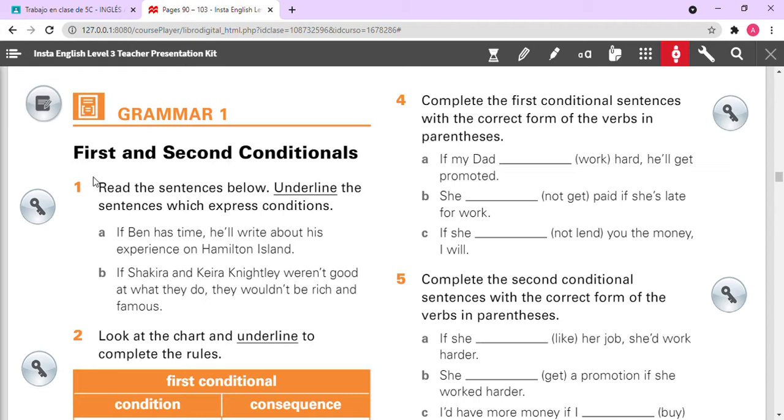Second one, B. If Shakira and Keira Knightley weren't good at what they do, they wouldn't be rich and famous.